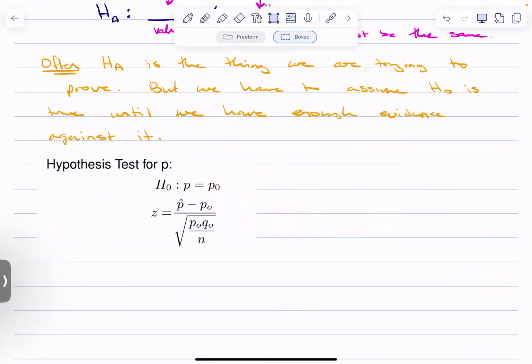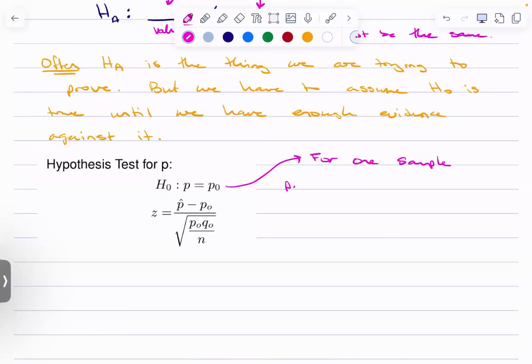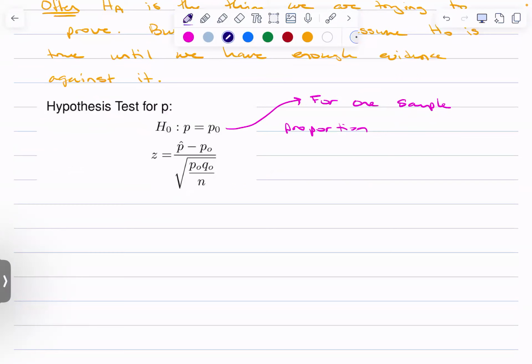So on your formula sheet, for one sample proportion questions, I give you that H naught is always going to be, how does P, the population proportion, I have to assume that it equals some number. Okay, so I have a P naught, but this P naught is a placeholder.